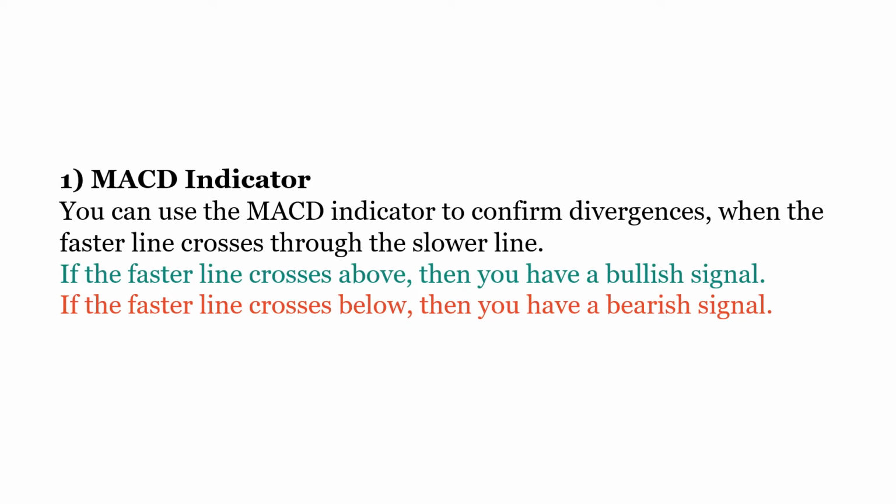You can also use the MACD indicator to confirm divergences when the faster line crosses through the slower line. If the faster line crosses above, then you have a bullish signal, and if the faster line crosses below, then you have a bearish signal. The bigger the distance between these two lines, the stronger the signal. We've covered all of this before, and I hope this reminds you of that. If you need to have a more in-depth reminder, just head back to that lesson.